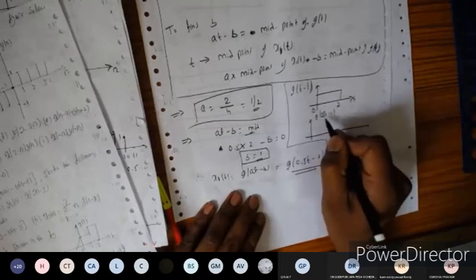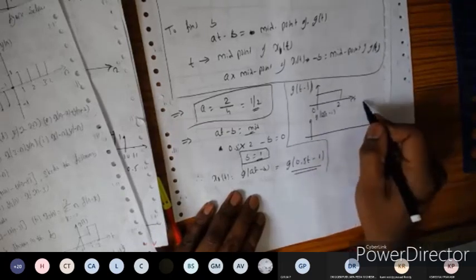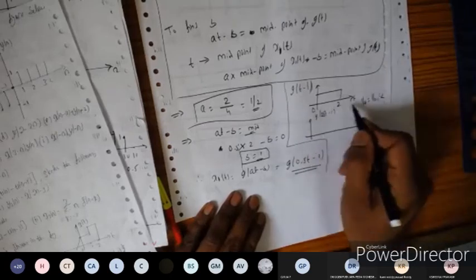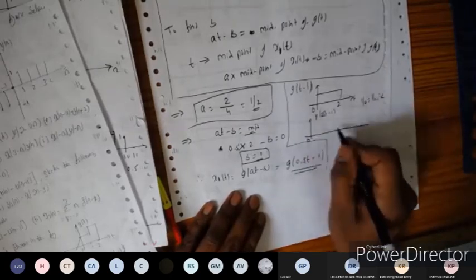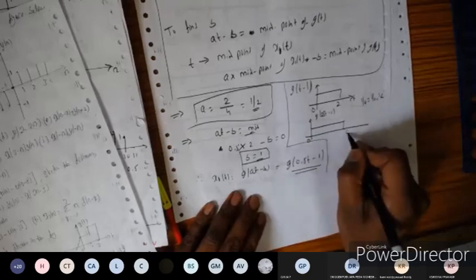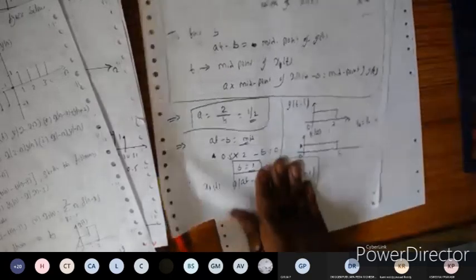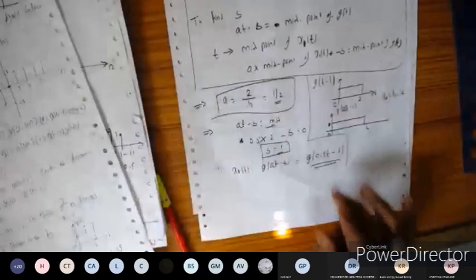Since a is 0.5, 1 by a is 1 by 0.5, which is 2. Let us multiply 2 to all the time indices: 2 into 0 is 0, 2 into 2 is 4. It has amplitude 1. So this is the required waveform. We got it by the time shifting and scaling operations.